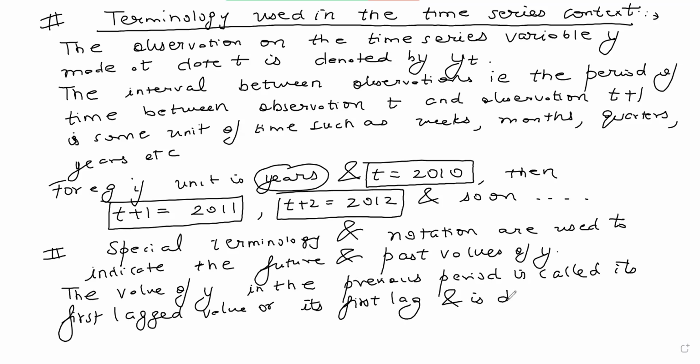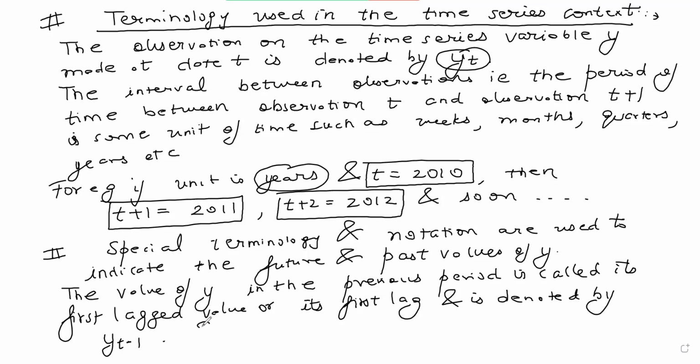and is denoted by yt minus 1. So if yt denotes the value of the variable y at date t, then yt minus 1 is its first lagged value. That means it's the value taken by variable y with a 1 period lag. 1 period lag means from t I go 1 period back, t minus 1.